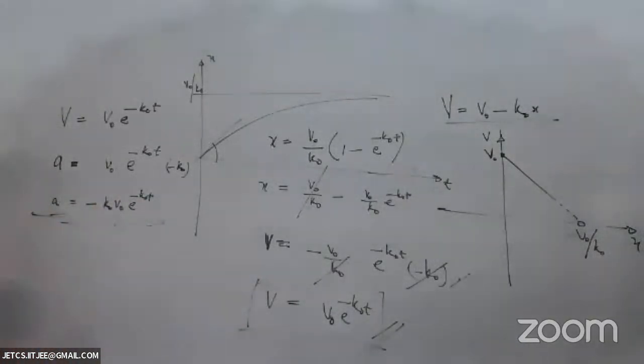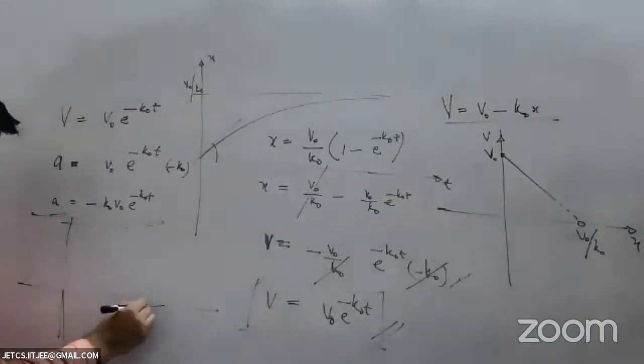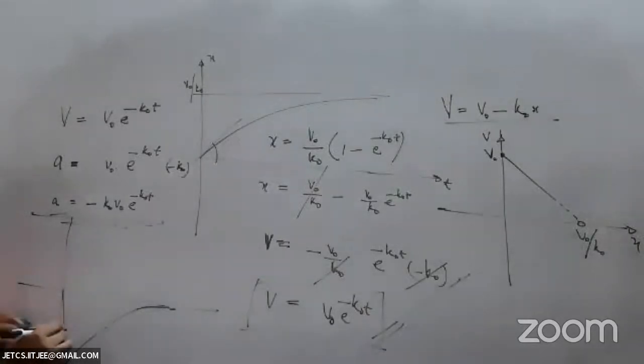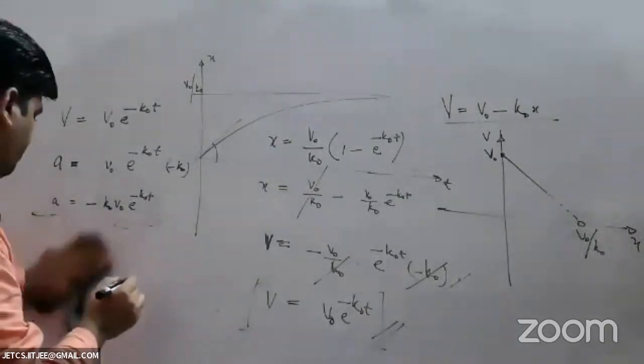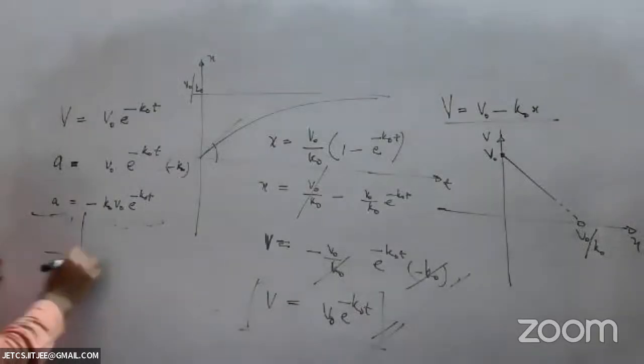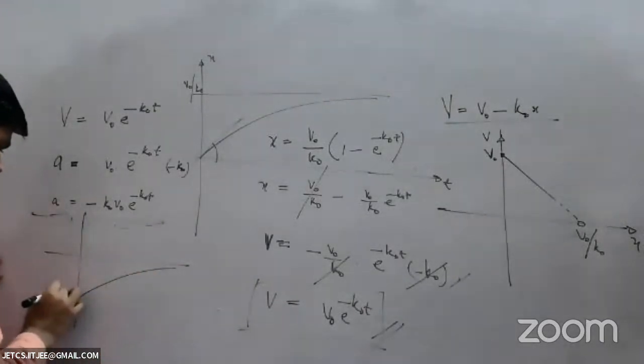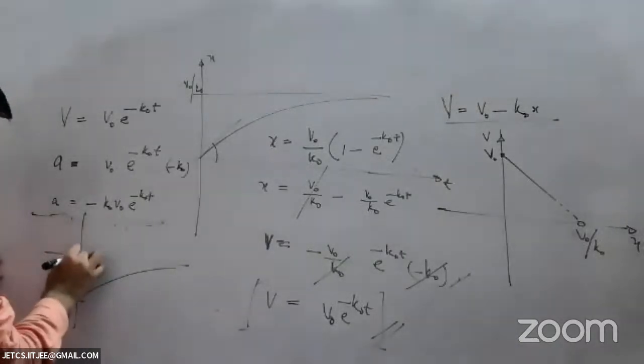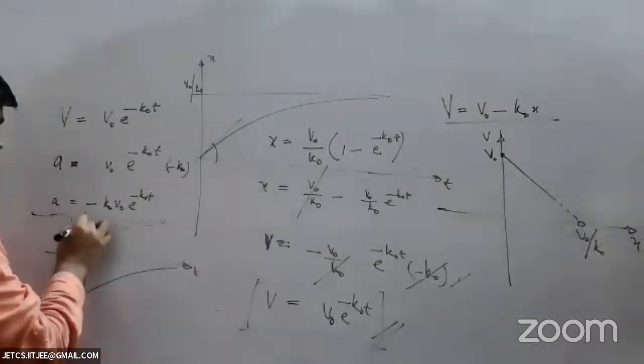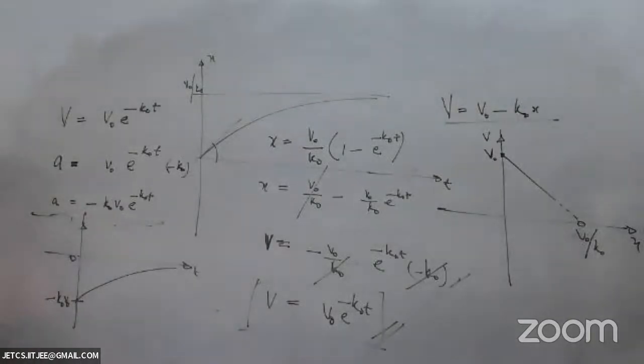Look at this. The acceleration I'm getting is negative. So if I plot the acceleration-time graph, it's e power minus kt with a minus sign, with a negative intercept. This is minus k naught v naught.